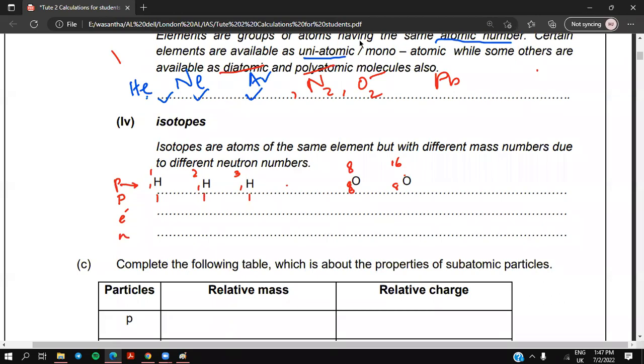And for oxygen 16 and oxygen 18, here also we have 8 protons. 1 proton, 1 proton, 1 proton.